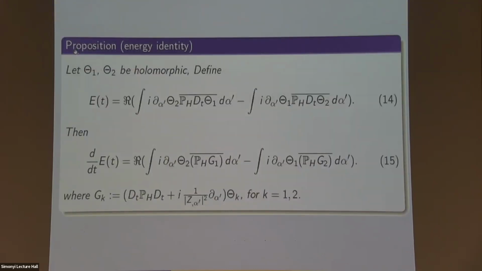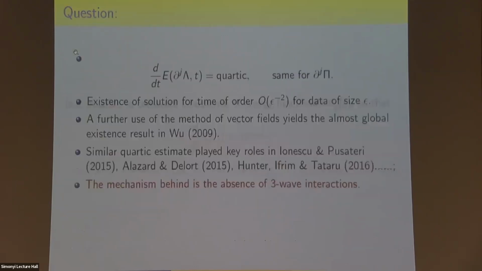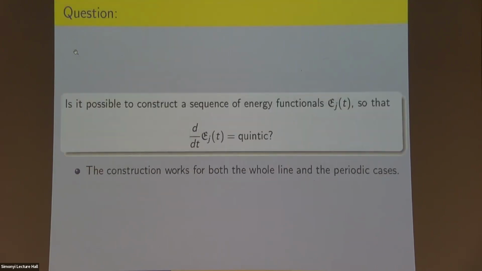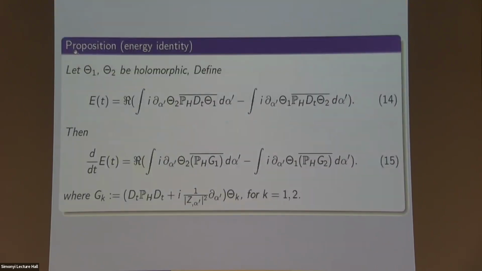Also, instead of using the previous energy, which isn't natural for this equation and doesn't look very symmetric since it has dt and d alpha, we look at this one, which is very symmetric. It's the alpha derivative of theta 2, then the material derivative projection of theta 1, and then minus this.